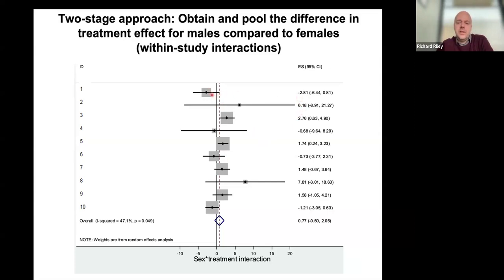And in most studies, if you look on average, it's very close to zero. And indeed, on average, it's 0.77. Not statistically significant, but even if it was, there's no real clinical difference in terms of a 0.77 millimeters of mercury difference in blood pressure in terms of a treatment effect. It's not relevant. So there's no evidence at the individual level that the treatment is less or more effective for males compared to females, which is good to know.